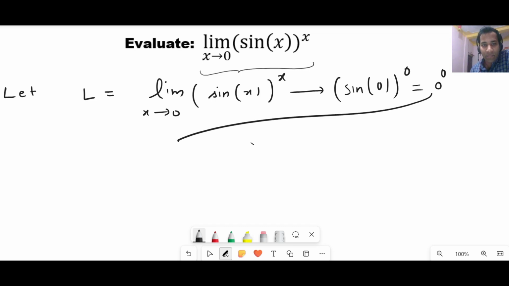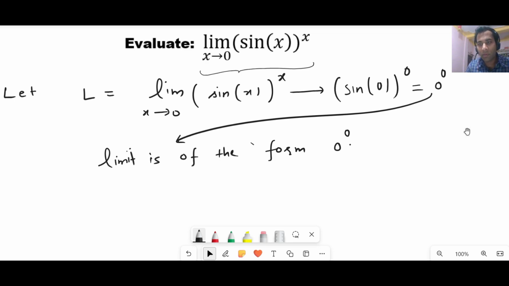So we can say the limit is of the form 0 to the power 0.